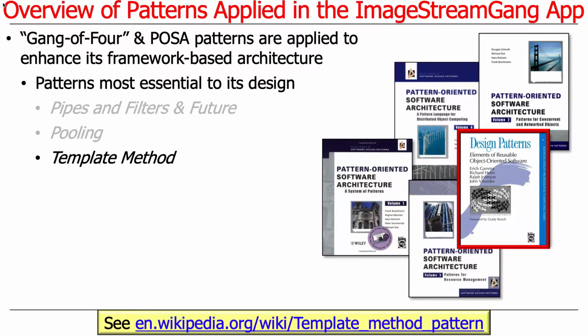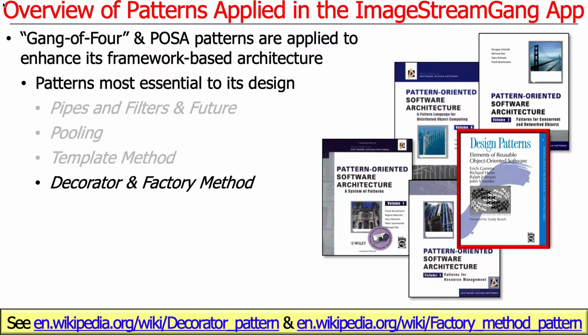Template method, which is a good old Gang of 4 pattern, where you define some of the steps in a method in a base class, and you can selectively override various sub-methods by inheriting and overriding from the base class in these subclasses. We also use decorator and factory method. Factory method is used all over the place. In fact, in your latest assignment, you'll see we have a bunch of factory methods for various reasons.